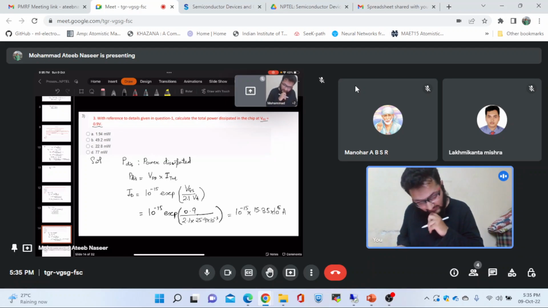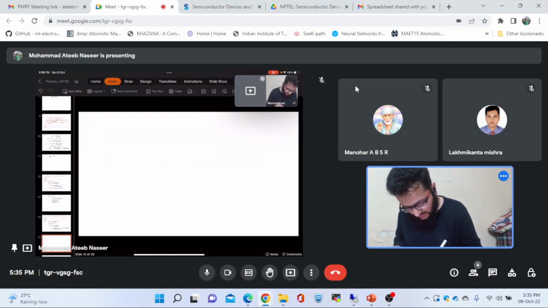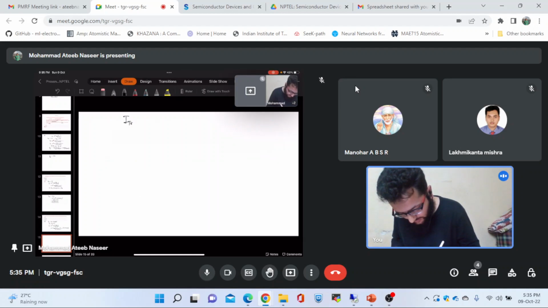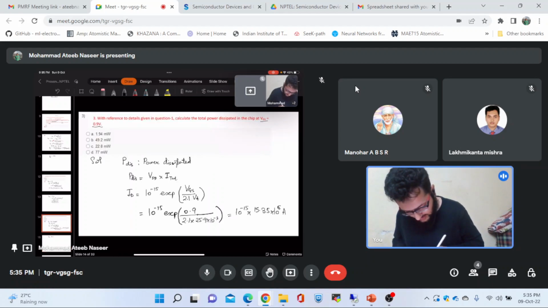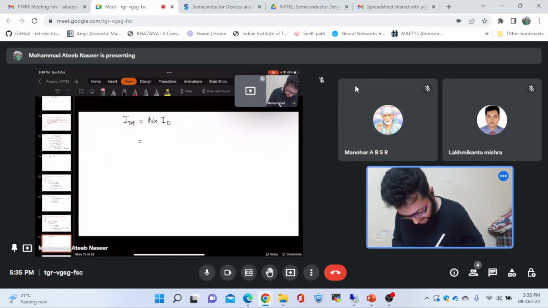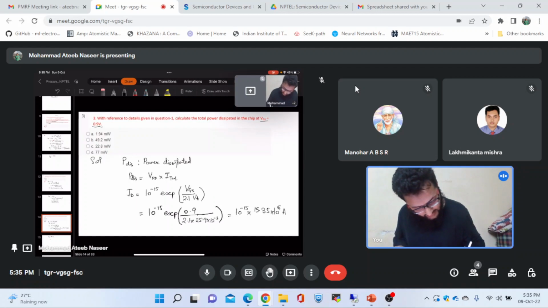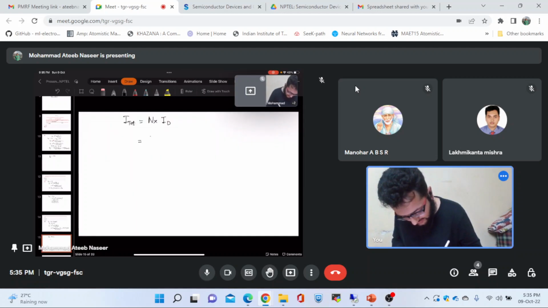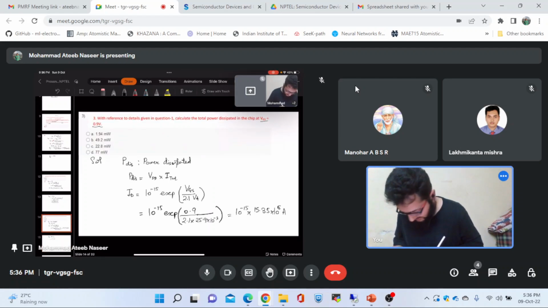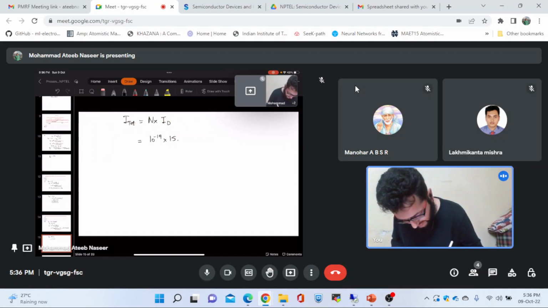Now I need to find the total current. The total current I total will simply be equal to N, where N is the number of transistors on the chip, into this ID. This ID is 10 to the power of minus 15 times 15.35, so it is 10 to the power of minus 9. Sorry, it is 10 to the power of minus 9.